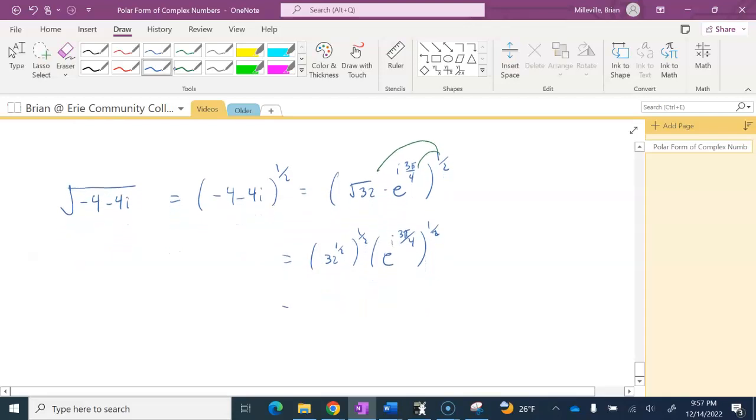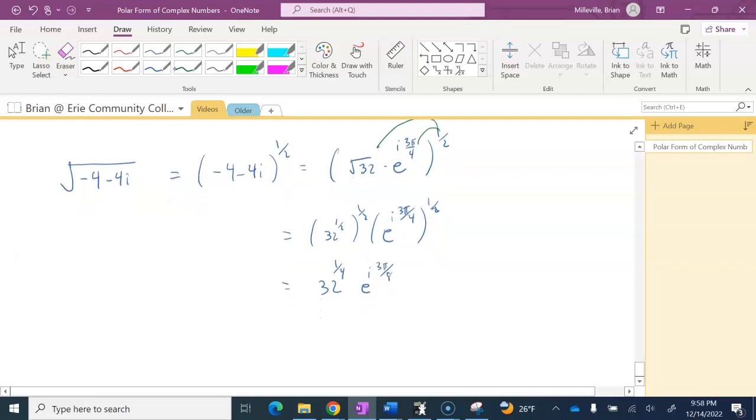So we would get the square root of the square root, which we could also rewrite as the 4th root, or the 1/4 power, when we multiply our exponents. And then we would have e to the i times 3 pi over 8 power.